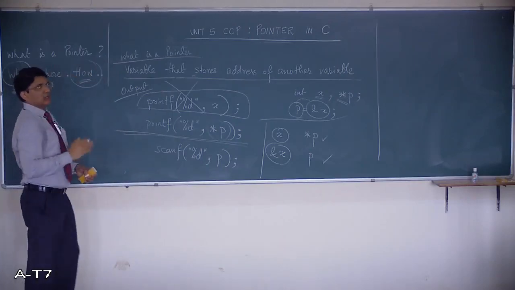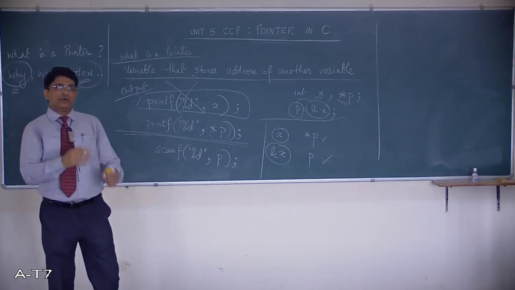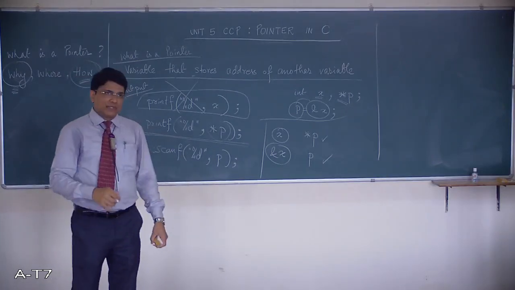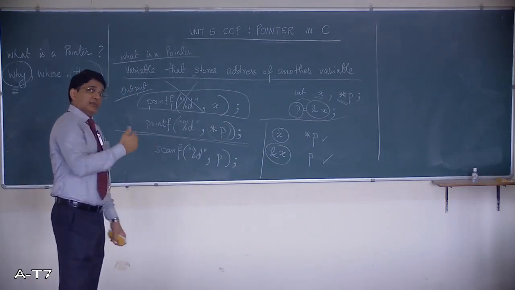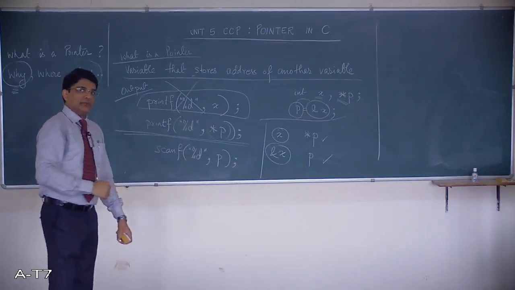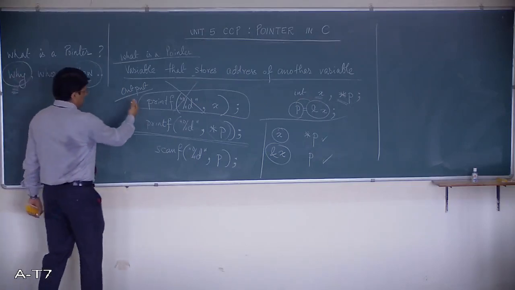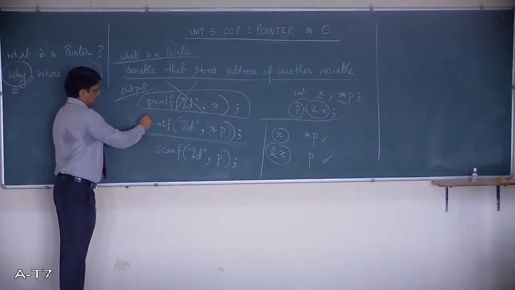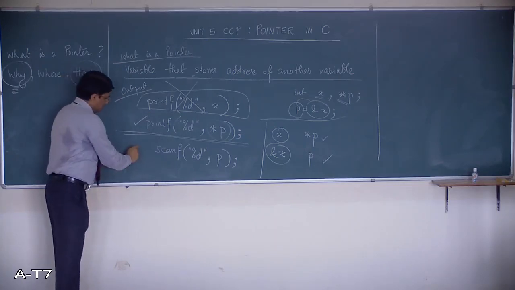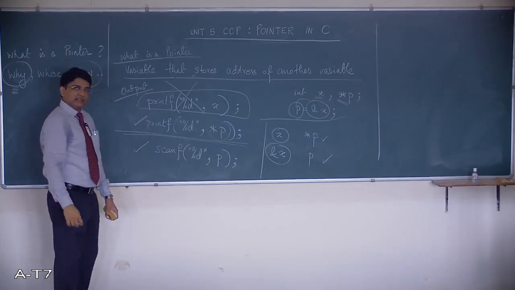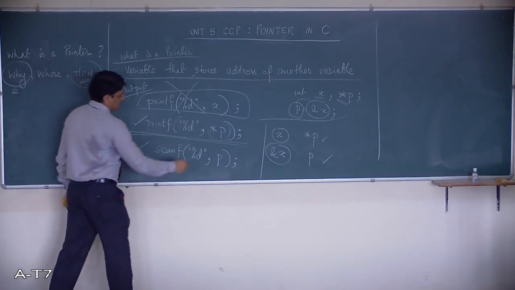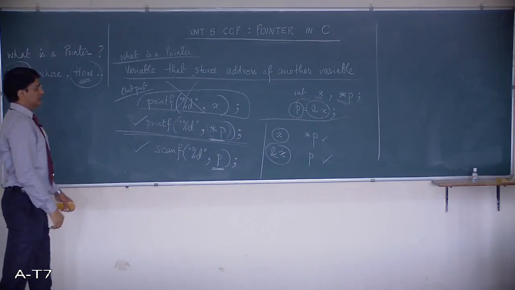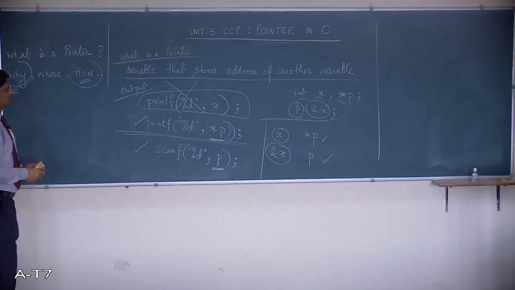So we are discussing the how part of it: how to declare a pointer variable, how to store the address of a variable into the pointer variable, and then how to take input from the user using a pointer variable, how to display some output using a pointer variable. This is display of output. This is scanning the input. This is what you need to observe here.